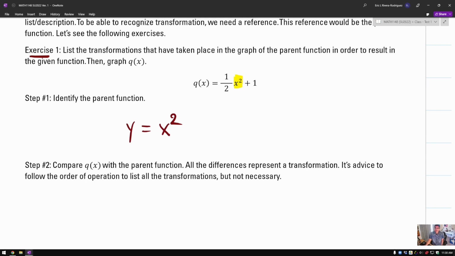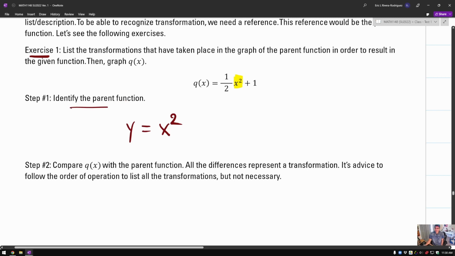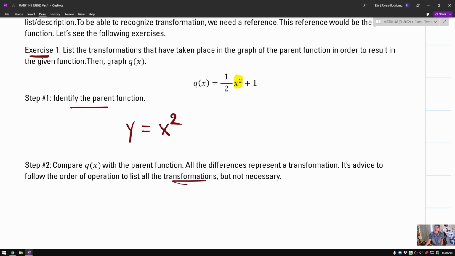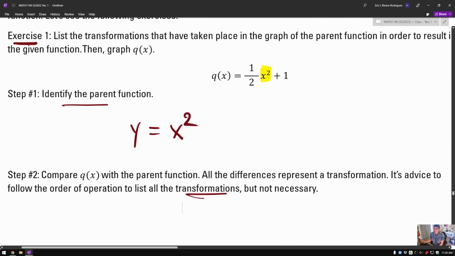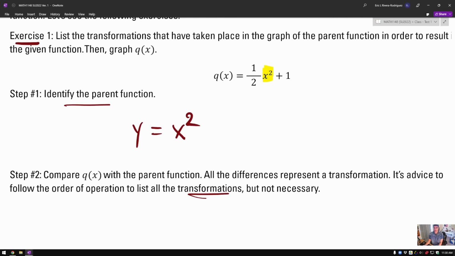Why is it important to identify the parent function? To then identify all the transformations that are happening. With the parent function, we can identify what is different between the parent function and k of x.